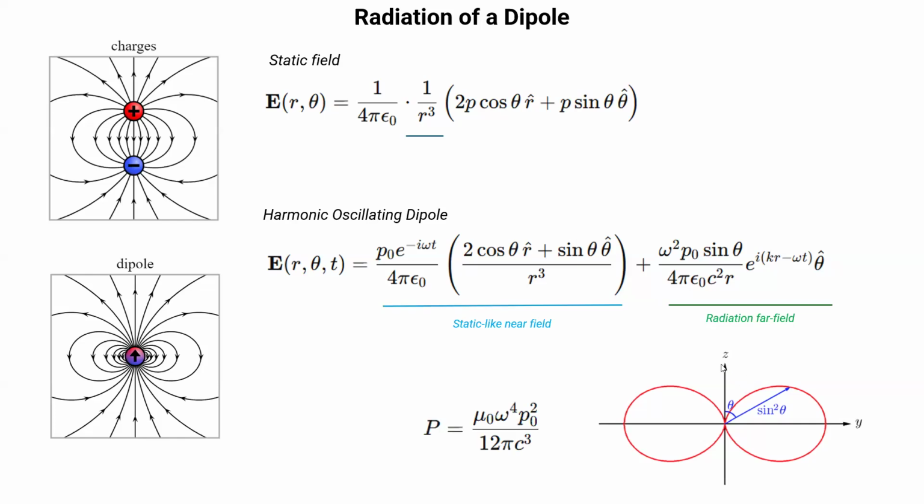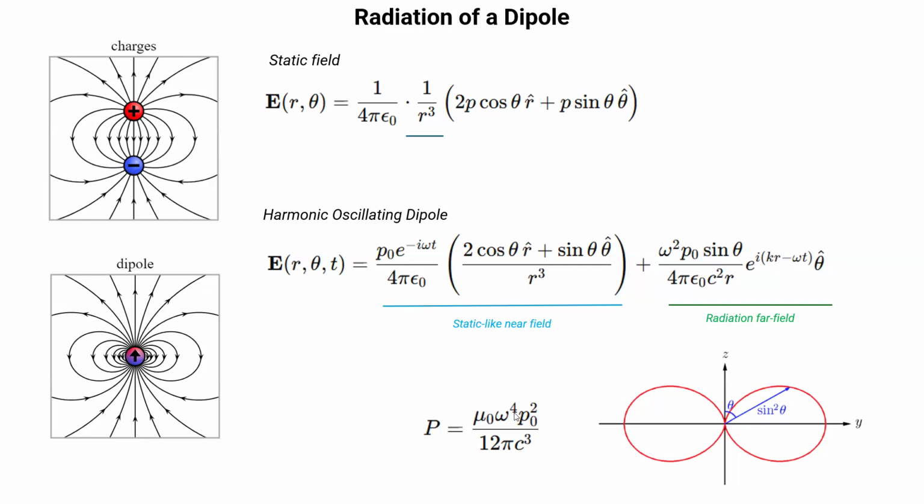Similarly, calculating the Poynting vector function, we can plot this radiation pattern, which is again this Rayleigh butterfly sine squared function. And if I integrate this radiation over the entire spherical surface, I get the total radiated power from this dipole.